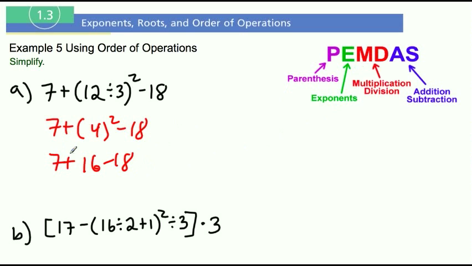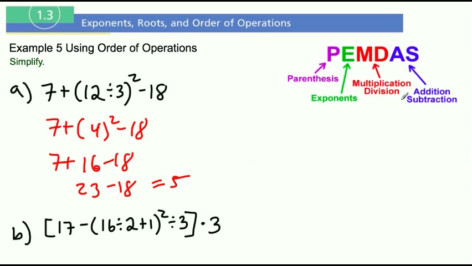Now we have addition and subtraction. We always do the one that comes first when you read from left to right. So since 7 plus 16, we're just going to go ahead and do that guy right there. So we're going to get 23 and minus 18. Yeah, and then we'll get 5.